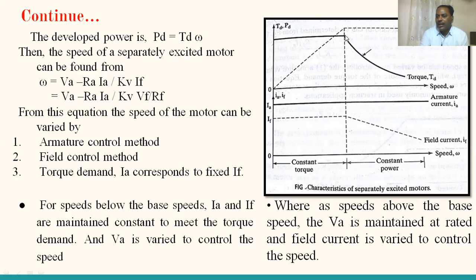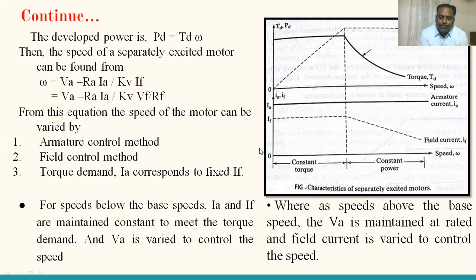So as per this, power PD is constant, armature current is maintained constant, and the torque is inversely proportional to the speed, resulting in the torque decreasing along with the field current. So this is the basic characteristics of DC separately excited motors.